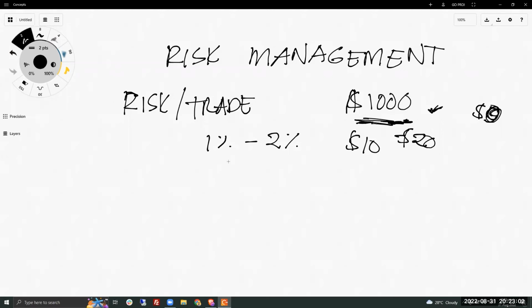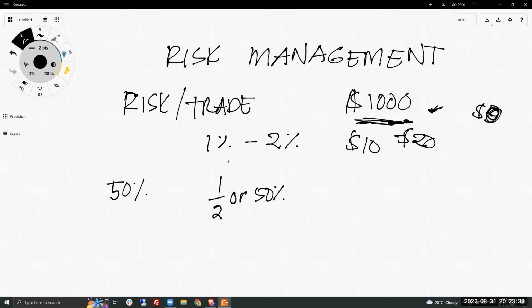What if you're willing to risk 50%, which is $500? How long would it take you to lose? So just 2 trades, 2 losses in a row, then it's gone. Then obviously, it's not a good deal. Because for one trade, in theory, there are only two outcomes. It's either you win or you lose, which gives you 1/2 or 50% chance to win every trade.